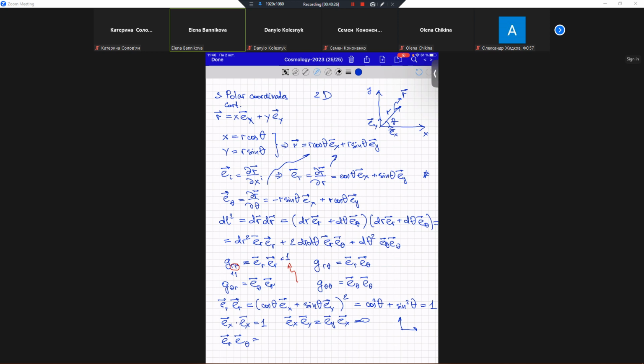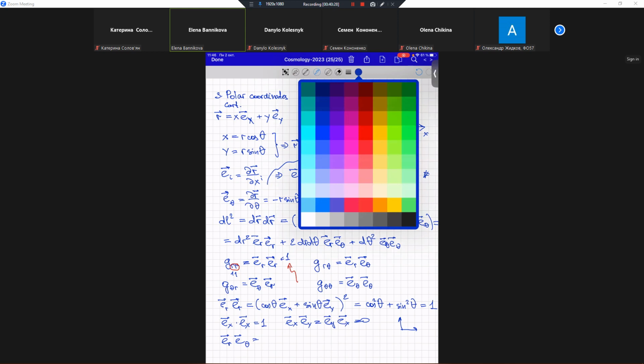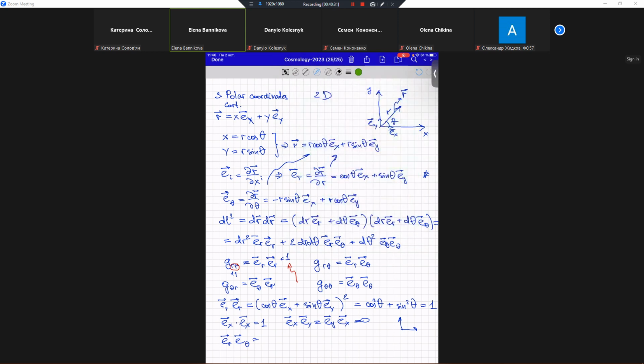So if you multiply this one, I will write in detail once: cosinus theta ex plus sinus theta ey, and minus r sinus theta ex plus r cosinus theta ey.